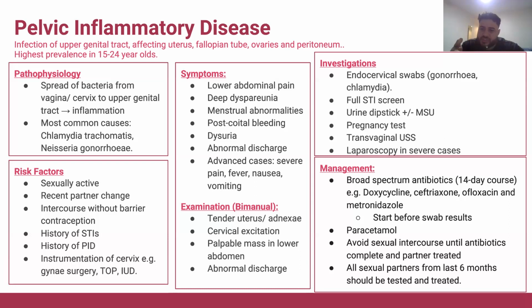And as you can see, sort of doxycycline is targeting the chlamydia, and the ceftriaxone is targeting gonorrhea, and the ofloxacin and metronidazole are targeting other potential causes of pelvic inflammatory disease that are just less well known. Paracetamol as well, just in general for pain and potential fever. And you'd also need to test and treat all the partners from the last 6 months of a patient with PID.